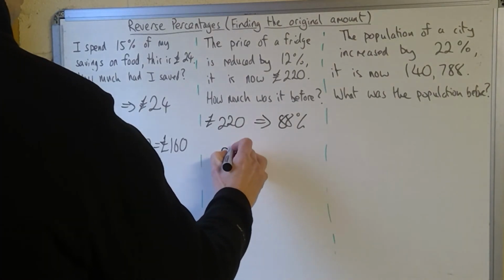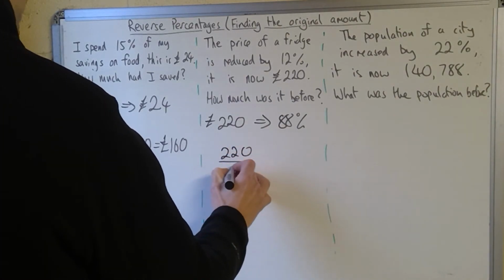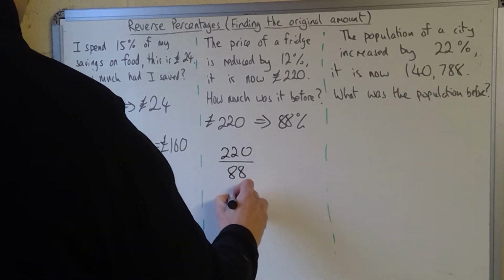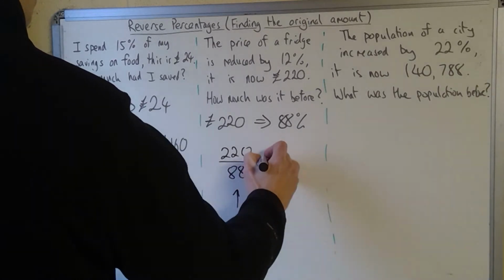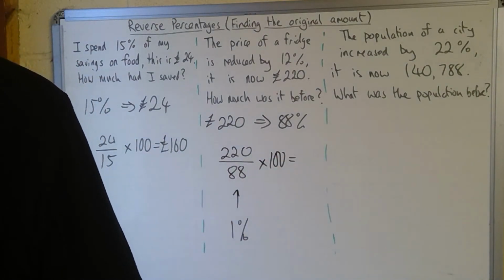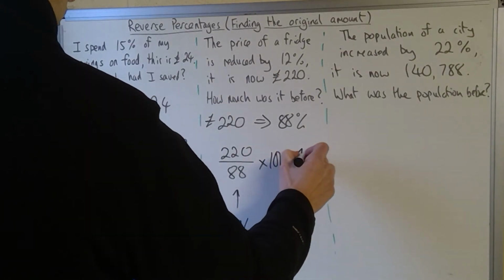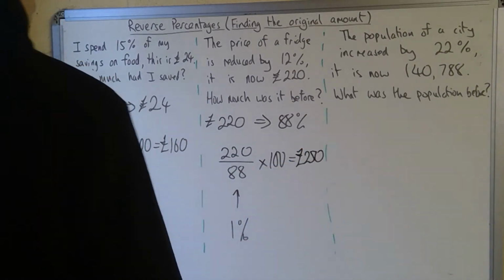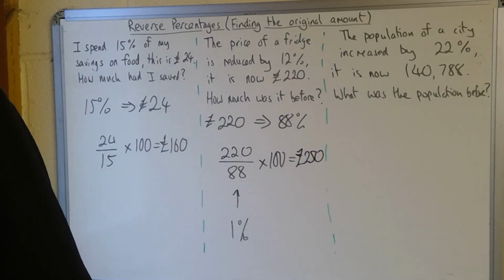So if I do 220 divided by 88, that will give me 1%, and then multiply it by 100 to find the original amount. On my calculator, 220 divided by 88 and then times it by 100, I find out the original was £250.